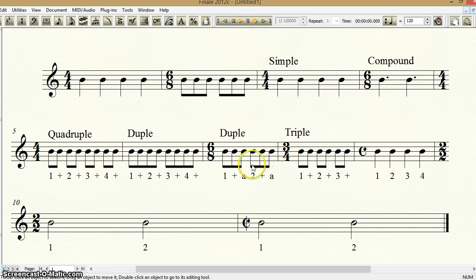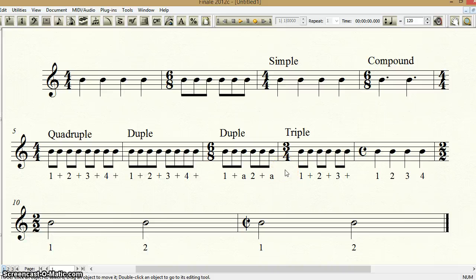So where 6/8 will have 1 and 2 and, simple triple meter like 3/4 is 1 and 2 and 3 and, so a slightly different feel, even though it might take the same amount of time to get through them. Now, you'll oftentimes have things that are in 6/8 that end up giving a feel of 3/4, or things that are in 3/4 that give a feel of 6/8.